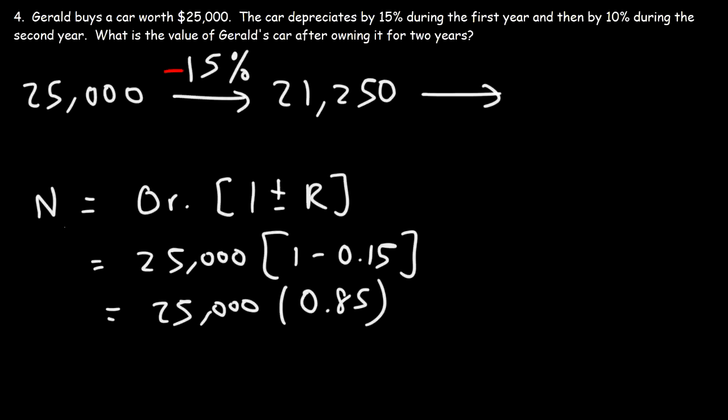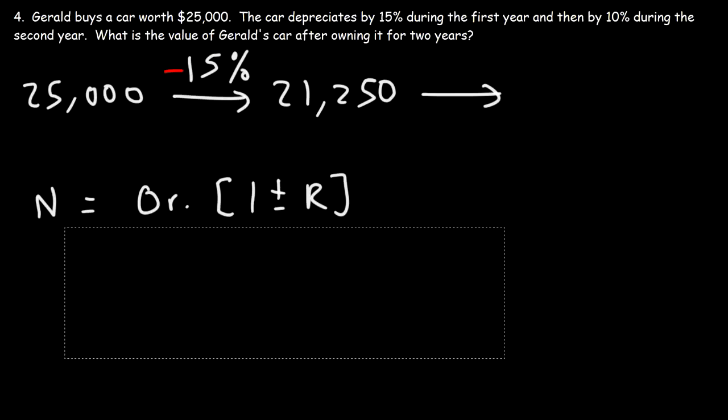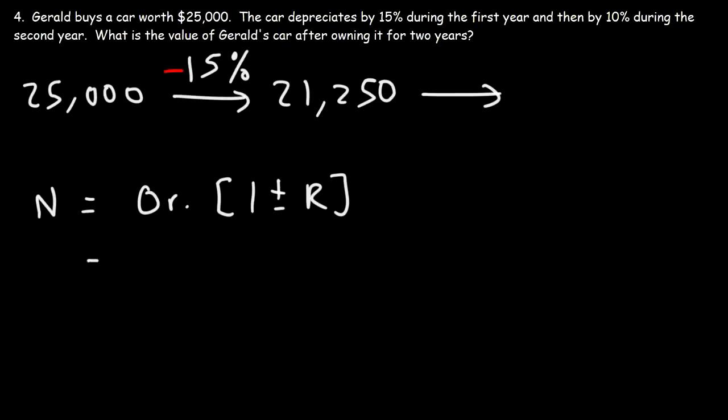Now let's see what it's going to be after the second year. So we could use the same formula. The original price is now 21,250. And during the second year, the value of the car is going to decrease by 10%, which means that it's going to be 90% of its value.